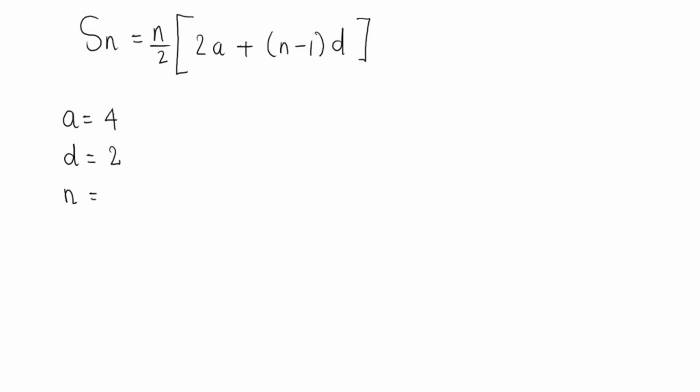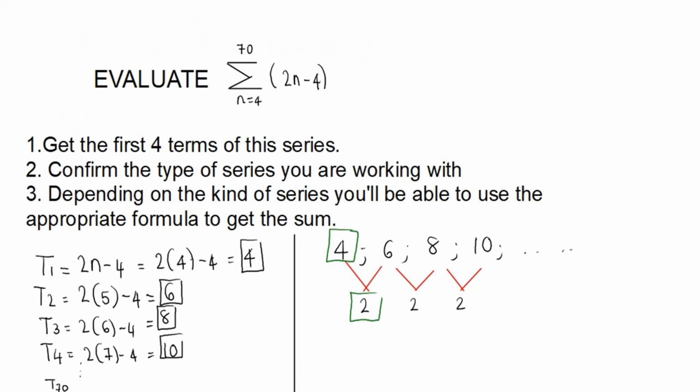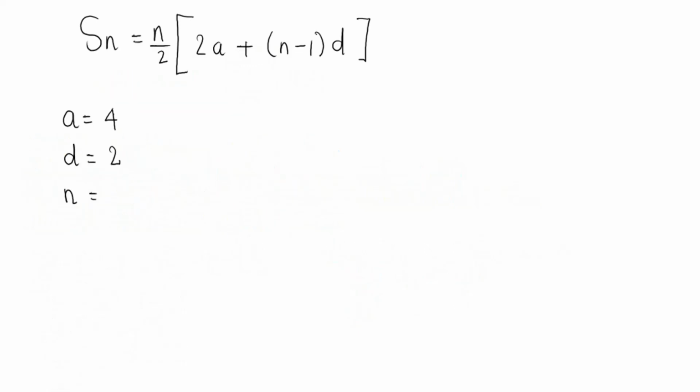What is n? We are told that we need to get the sum of this series from n equals 4 to n equals 70, right? So how many terms are in this series? This is a very important point that you guys need to be aware of.